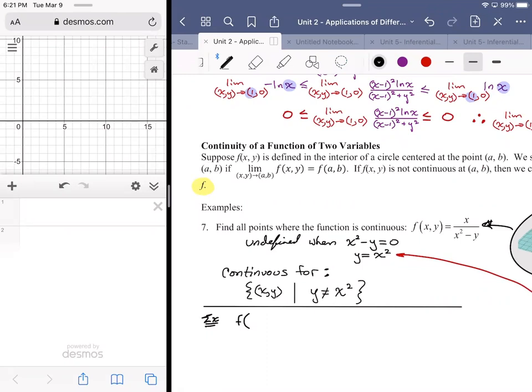I could say f of (1, 1), because that would follow that path. If I just plug it in, I get 1 over 1 squared minus 1, which is 1 over 0, undefined. I could also, if I wanted to, find the limit as (x, y) approaches (1, 1).